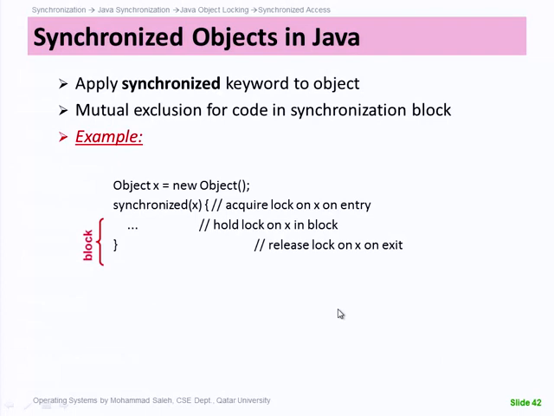But in this case, I'm saying X as a whole is being locked. So X by itself is synchronized, everything in it, which means only one thread can access the object X, regardless of what kind of access that is.